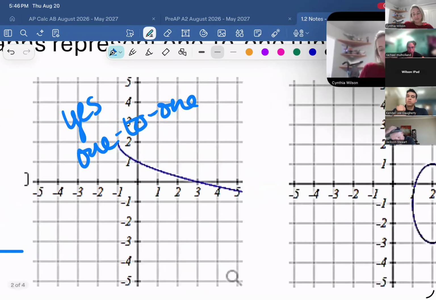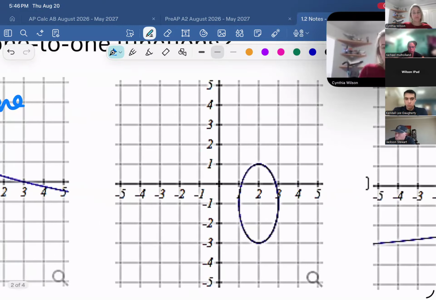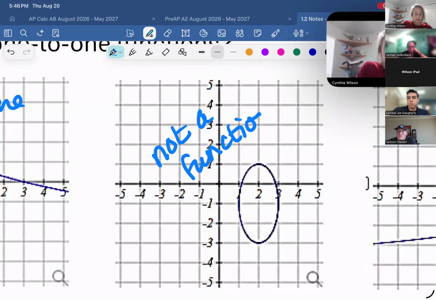Let's try this one. Go. It's not even a function to begin with. So if it's not a function, one-to-one doesn't matter. It would fail that test anyway, but it's still not a function.